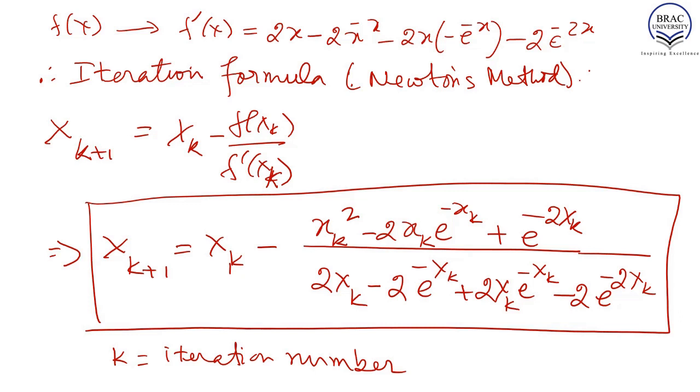If it is not, then go to the next iteration point. That's how we continue. So we present our result in a table. Our starting point will be x0 equal to 1. That is what we choose, for k equal to 0 iteration.